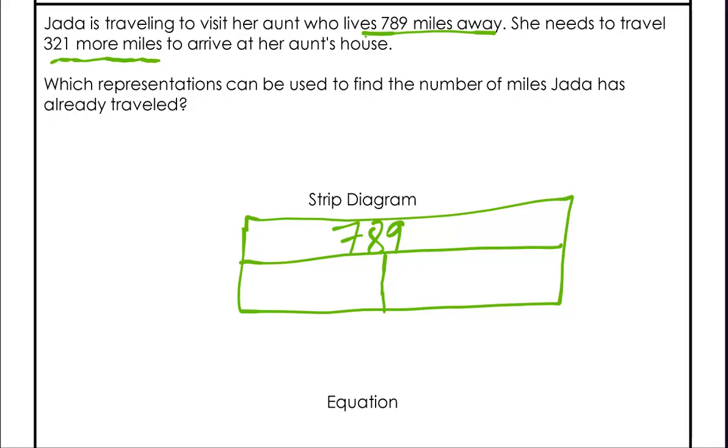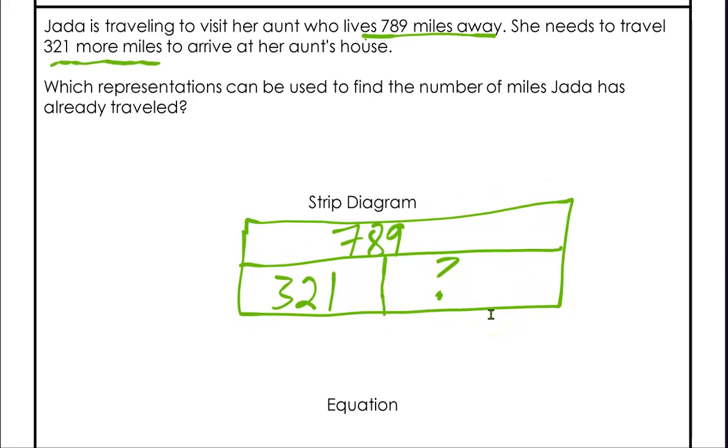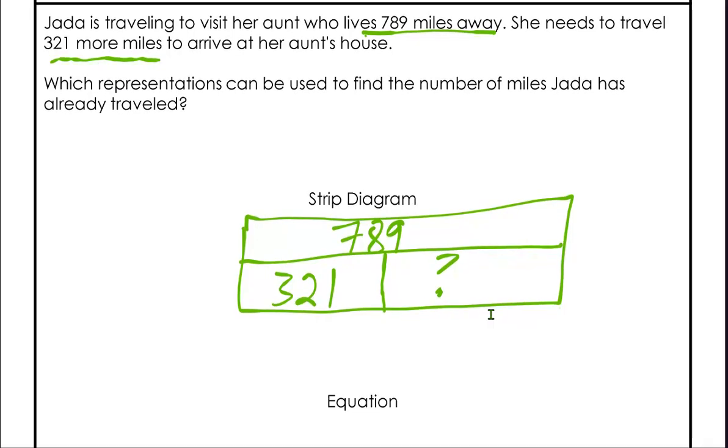So we have 321 more miles to go. Now, do we know how many she's traveled already? No. That would be what we would be taking away from 789. So, question mark.